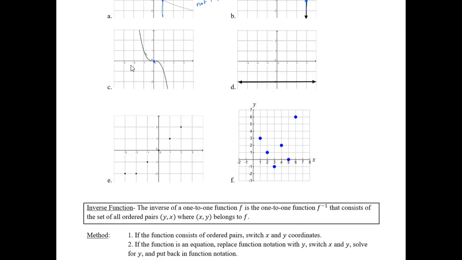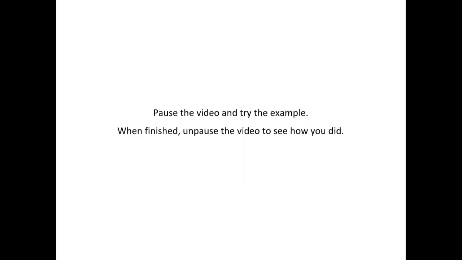This is a curve that's getting closer and closer, but it's not ever horizontal. Same thing here. It's a curve. It's not ever completely horizontal. So this passes both the vertical and horizontal line tests. So yes, this is one-to-one. Why don't you try D, E, and F using the vertical and horizontal line test?